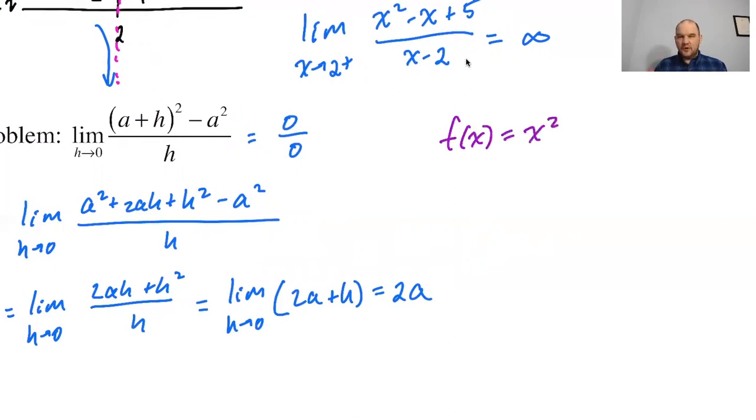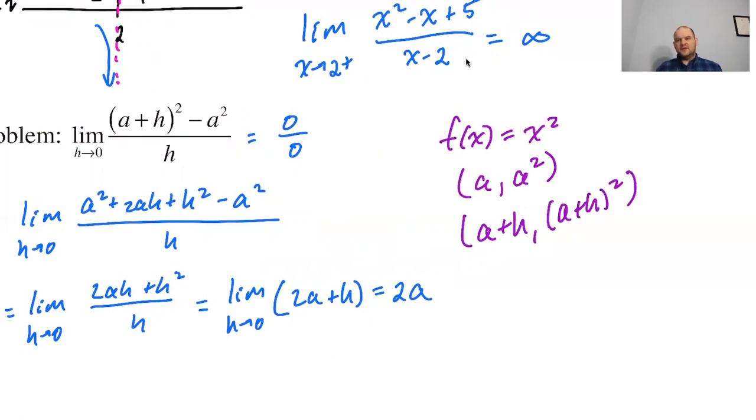And we have 2 points, and what we're doing is finding the slope between them. Our 2 points are a comma a squared, and also a plus h comma a plus h squared. So it's like a, f of a, and a plus h, f of a plus h.